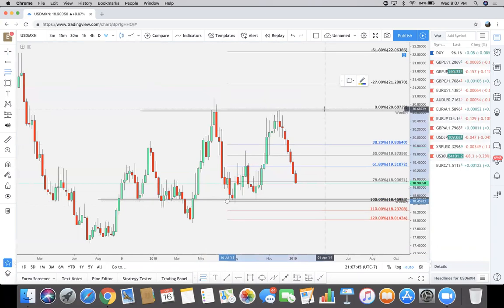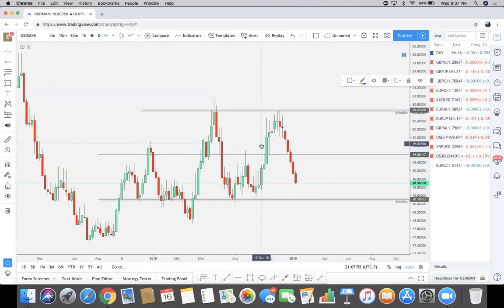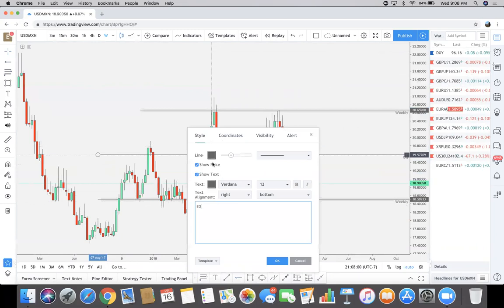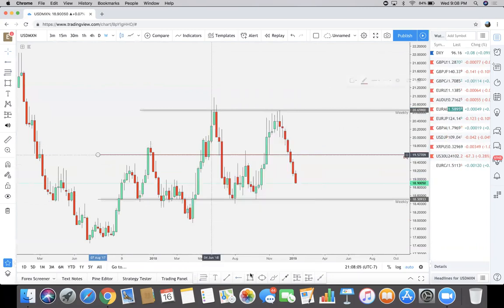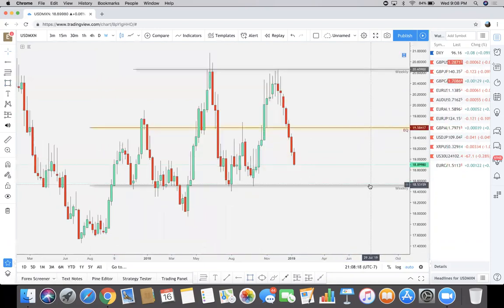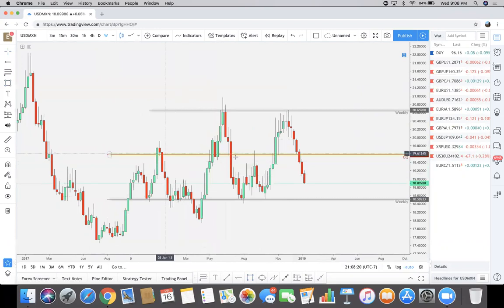So I'm going to break the Fibonacci out and mark this level right at the 50. Now we can see that we have our equilibrium level set.